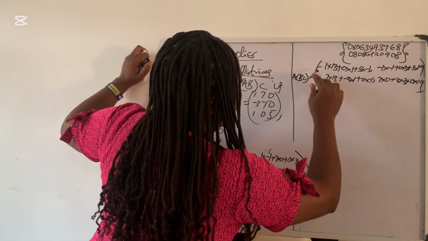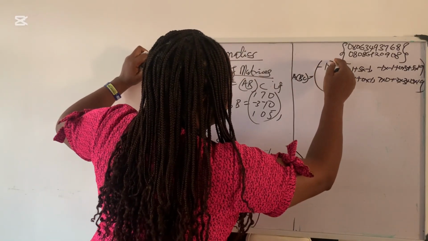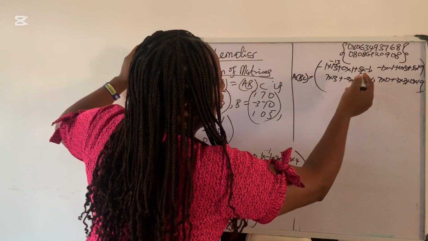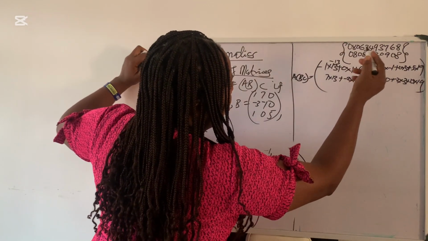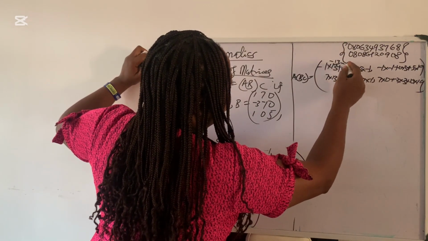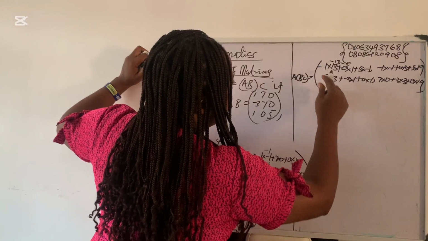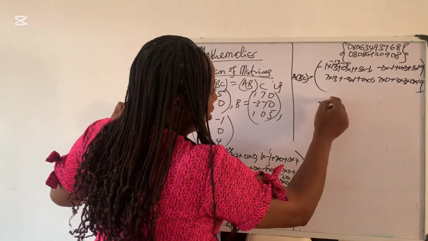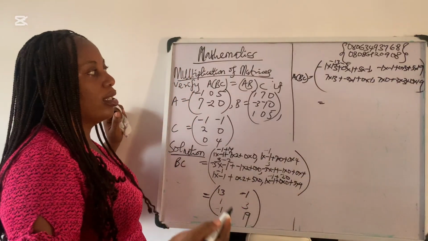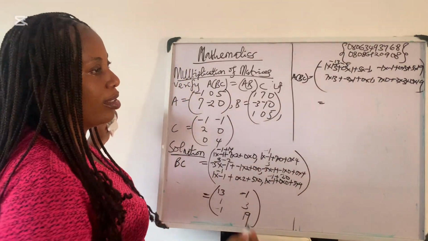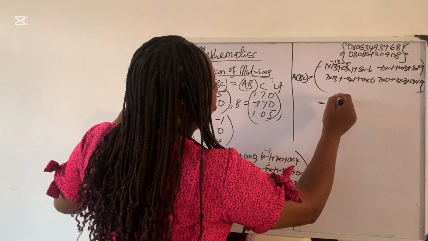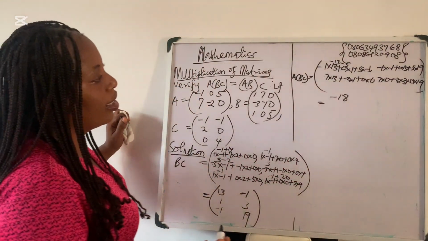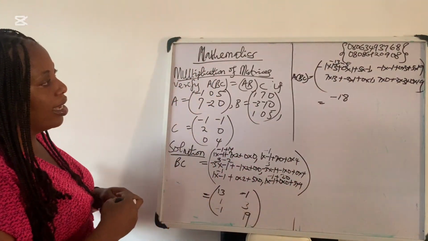Now, minus 1 times 13 is minus 13. This is 0, because 0 times 1 is 0. Now 5 times minus 1 is minus 5, giving us minus 13 minus 5, which is minus 18, because minus plus minus is minus. So we have minus 18 here. 7 times 13 is 91.